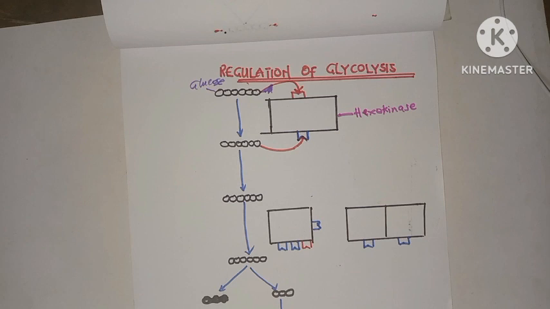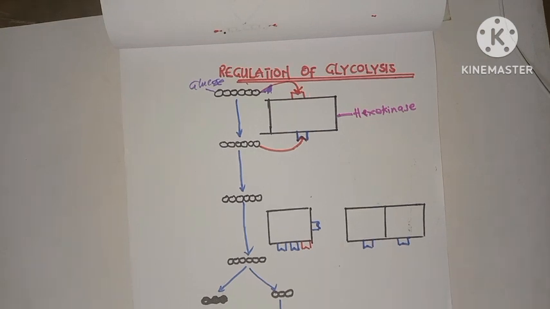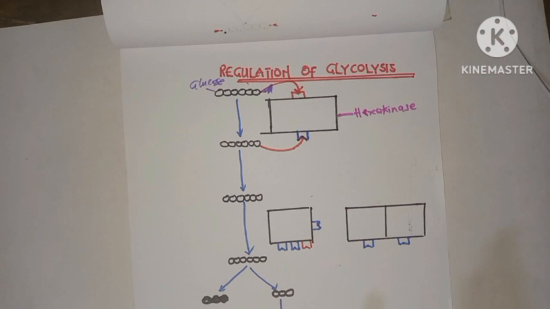So whenever insulin increases the number of glucokinase and hexokinase, their activity increases. So insulin is released whenever we have high blood glucose levels.